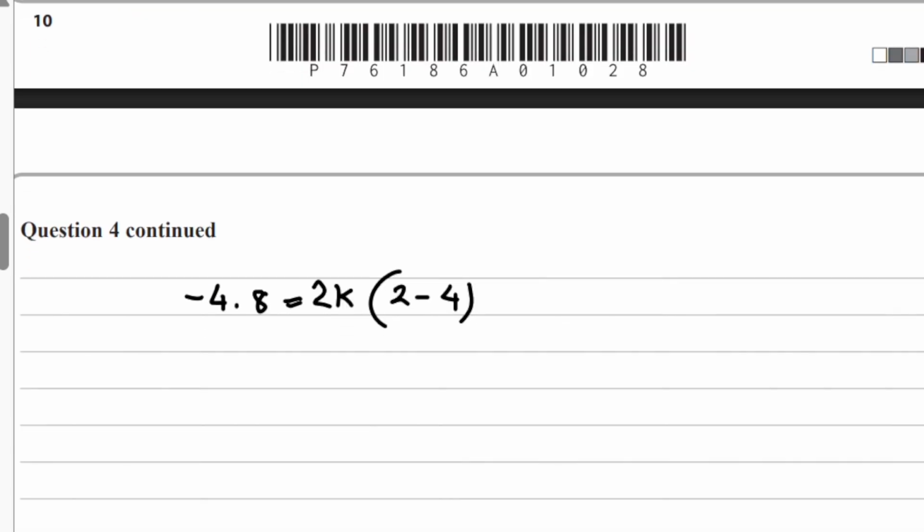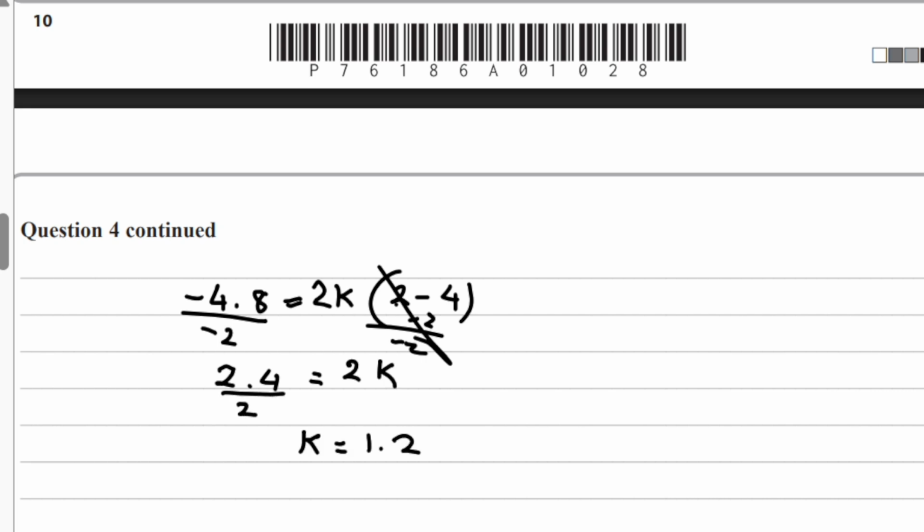Let's solve this now. First, 2 minus 4 is negative 2, so I'll divide both sides by negative 2 to cancel this part. So what's negative 4.8 divided by negative 2? It's 2.4 equals 2k, divide by 2, and that gives you k equals 1.2.